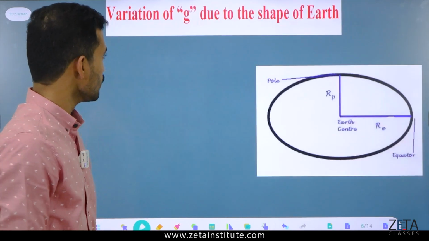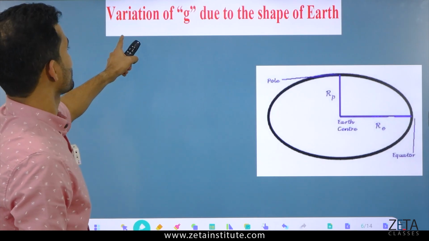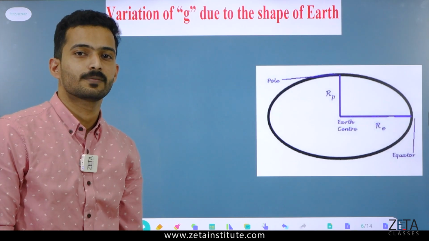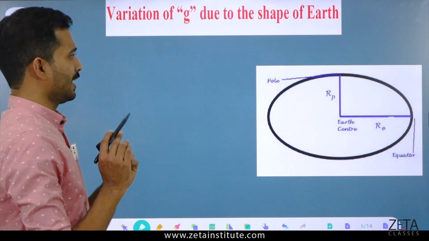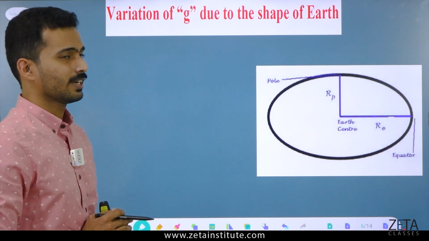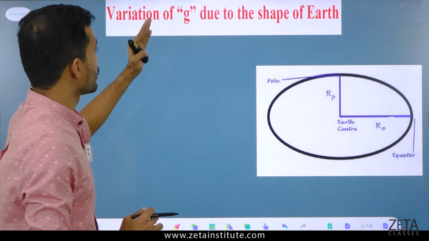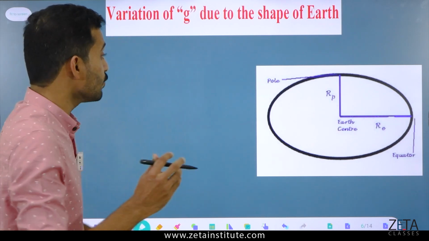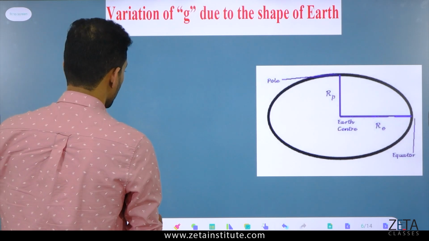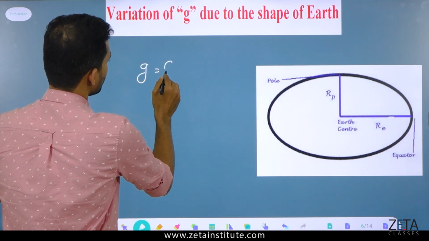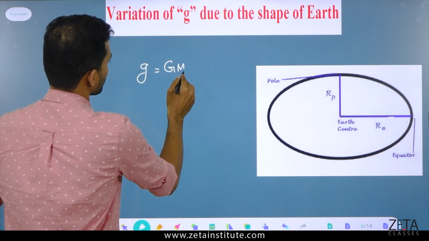Okay. So first of all, let us discuss the variation of g due to shape of earth. Is there any change in the value of acceleration due to gravity due to the shape of the earth? We already have one equation, g is equal to GM divided by r square.